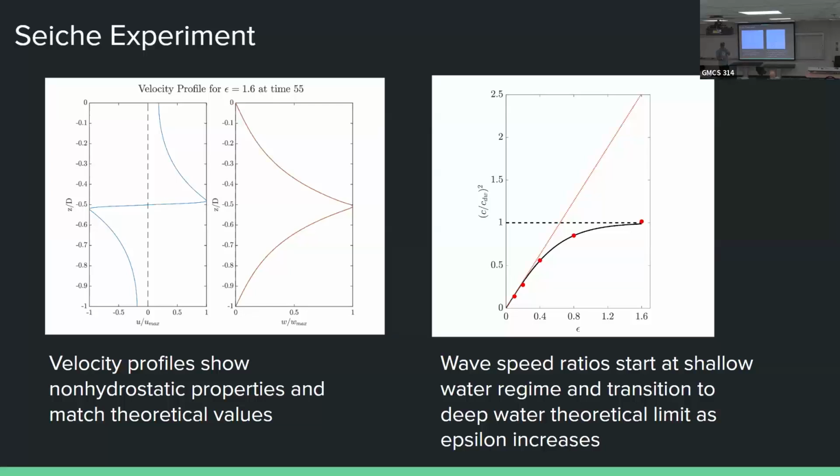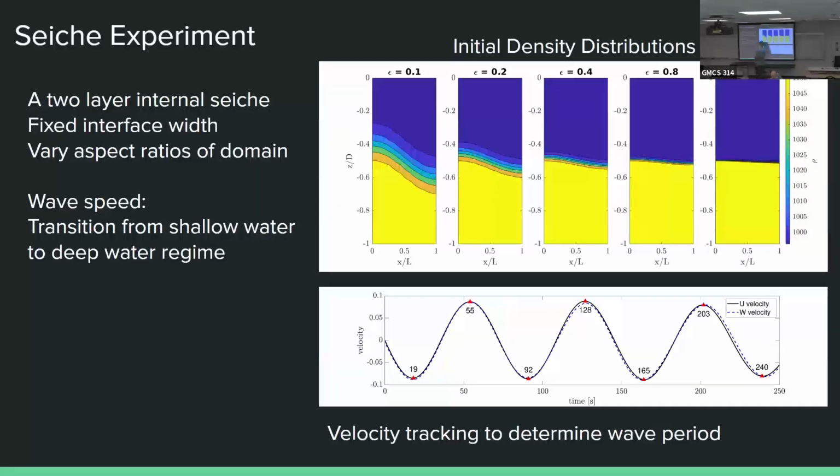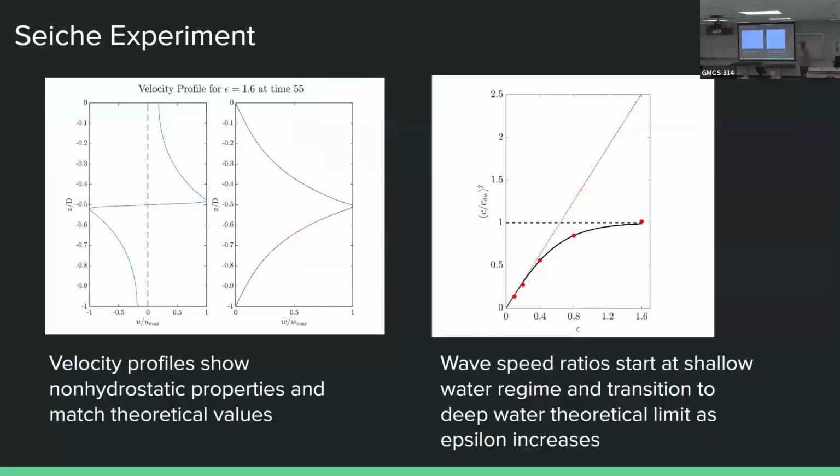So as we look at those previous test cases, this should behave like shallow water. The wave propagating here should go at a shallow water speed. And as I move on, the wave should propagate at a deep water speed. And the model should track that, and it does.